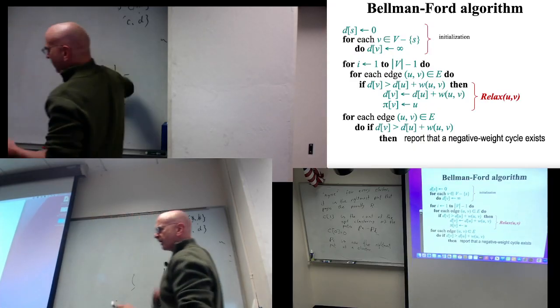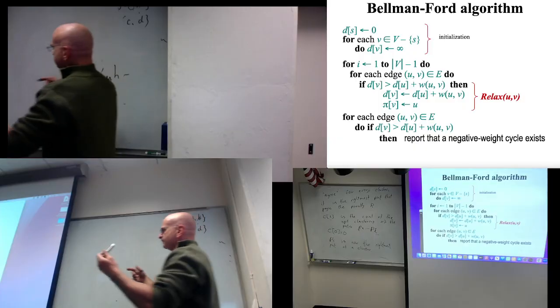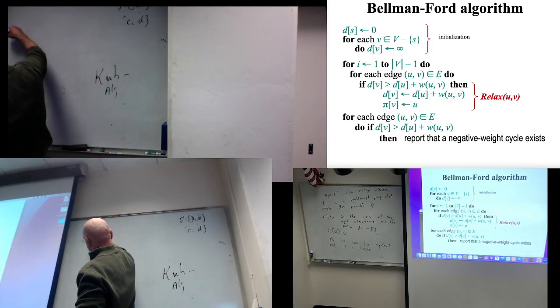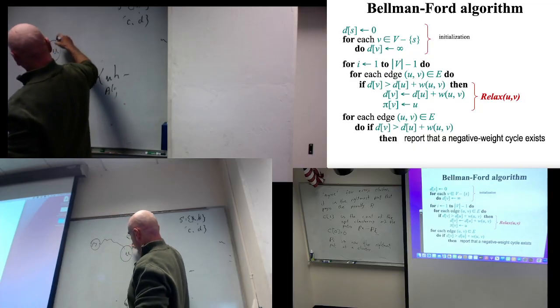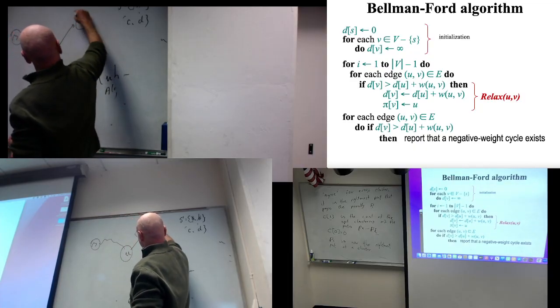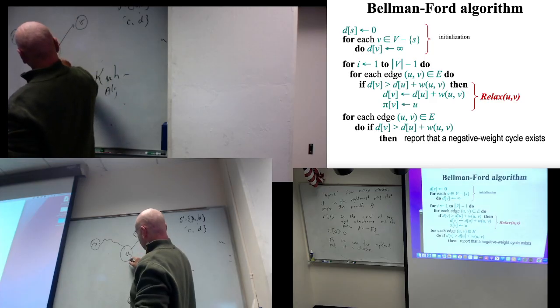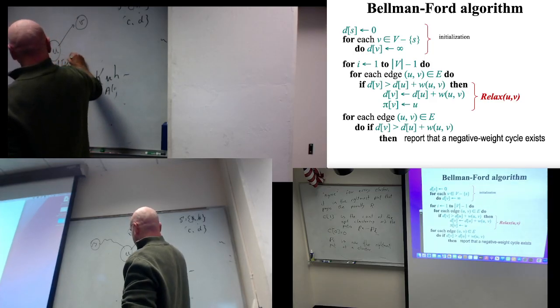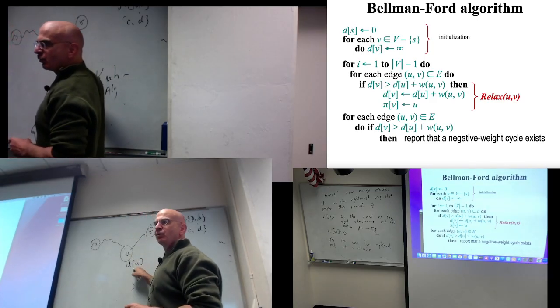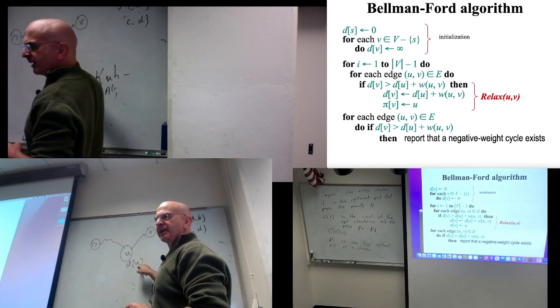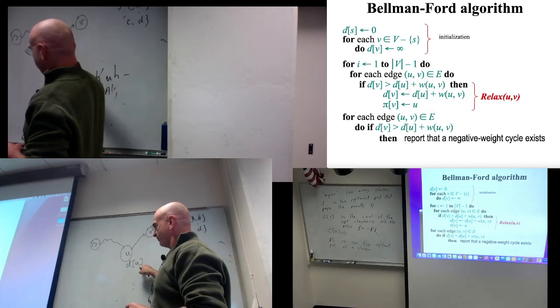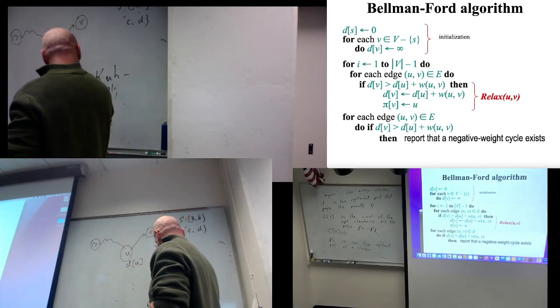Because I'm going to expand the relax operation to other scenarios. But here is S. It goes all the way to U. I'm meditating on the edge to V. And D of U will tell me what I think is the shortest path. What at this moment do I think is the shortest path from S to U?